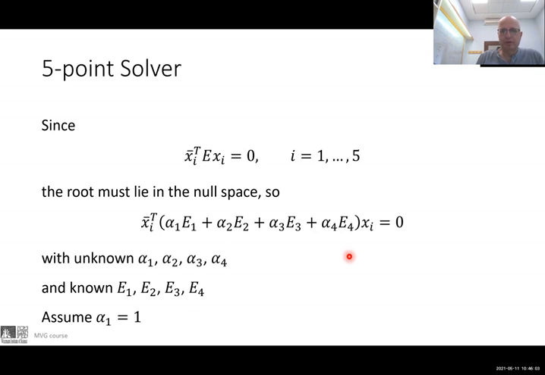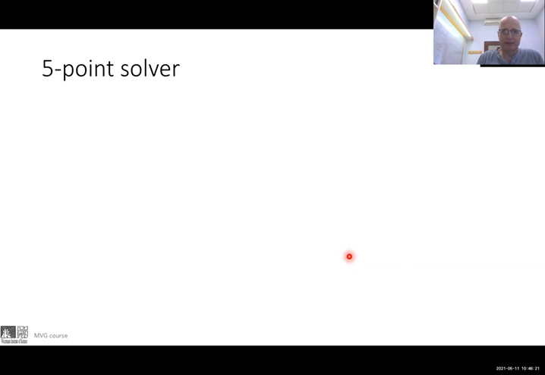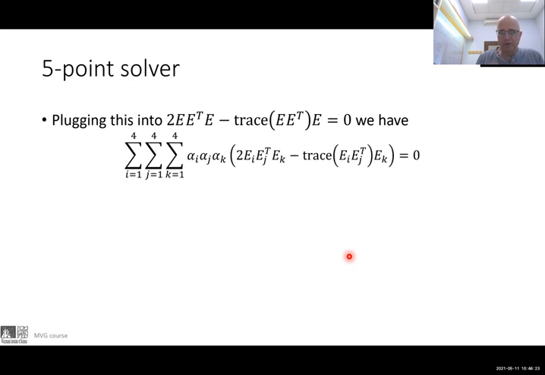So I know that the form of the solution should be E1 plus alpha 2 E2 plus alpha 3 E3 plus alpha 4 E4. And now I want to plug this form of the solution into the other equations. We have two types of equation. We have 9 equations of this form.